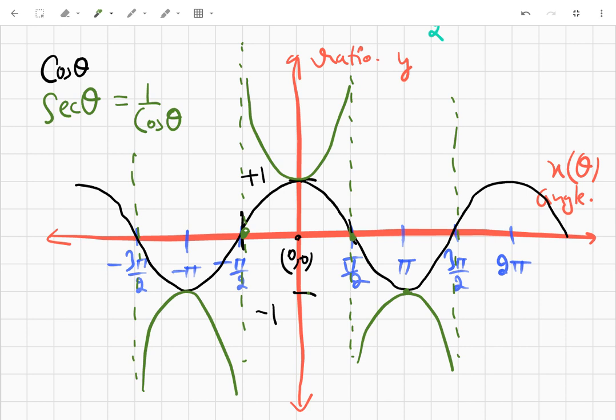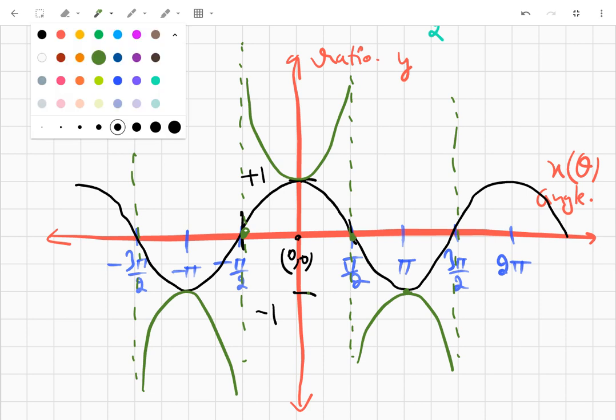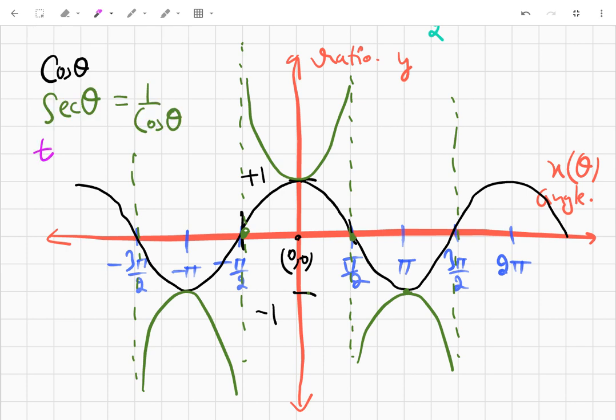This will help us understand the inverse trigonometric functions better. Okay, so very quickly let's go through the tangent as well. Now tan theta is what? Sine theta over cos theta. Again the same thing, cos theta in the denominator. That means when cos theta is 0, tan theta will not be defined.